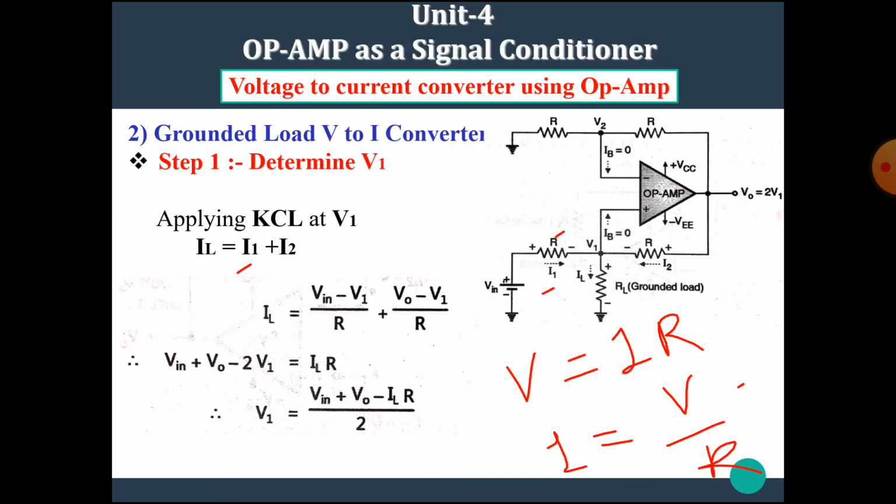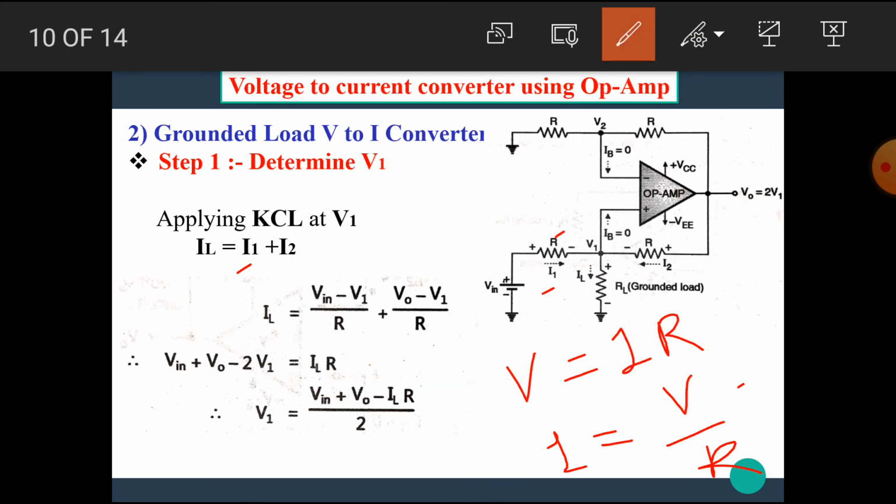Similarly, for I2 the resistor is R and the potential difference is between V1 and V0.